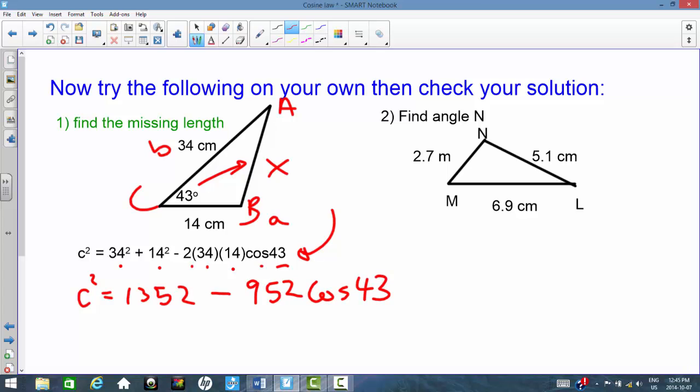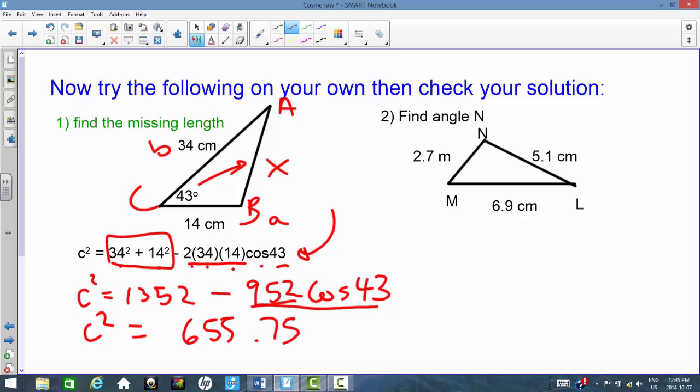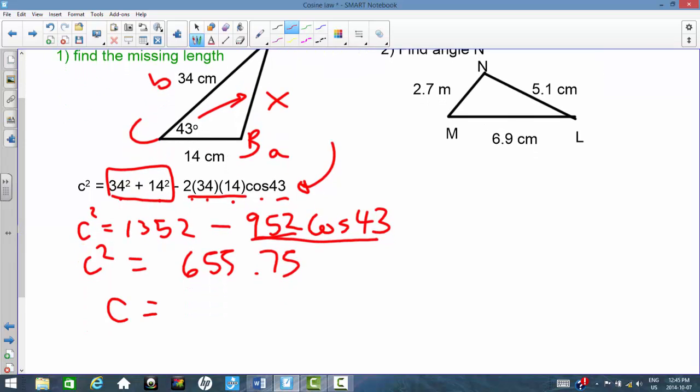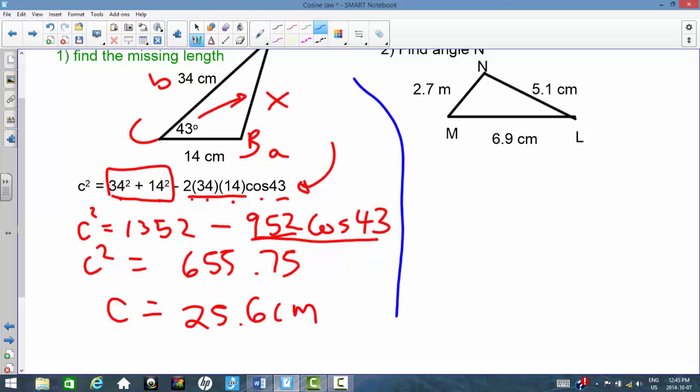So I've done two steps here. I've done these two and added them together, and then I multiplied these together. So now I calculate this out, subtracted from that, and I end up with 655.75. Now in order to find c, I simply take the square root, so c equals 25.6 centimeters.